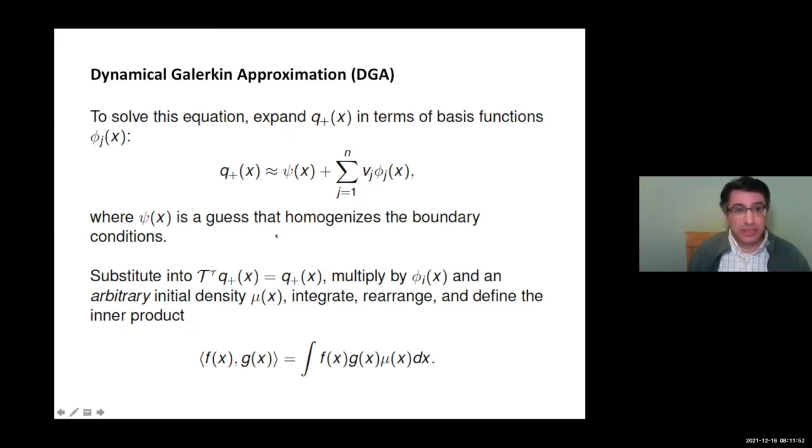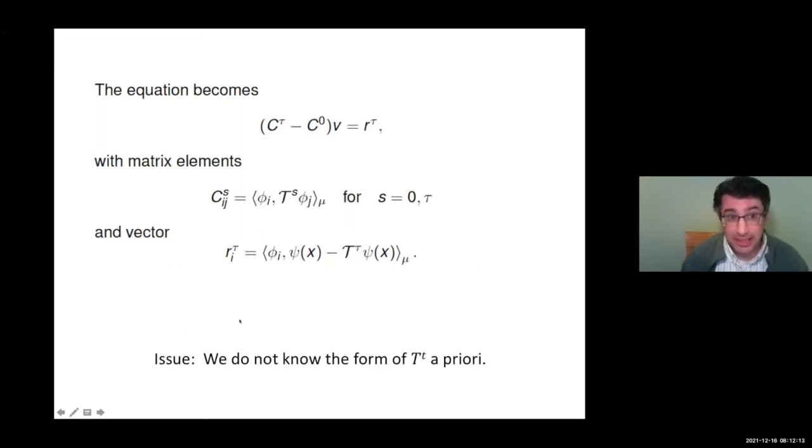Then we proceed very similarly to setting up the secular equation in a quantum mechanical problem. We take this basis expansion, substitute it into the operator equation, multiply by another basis function, and integrate to form inner products. If we do that, we convert this operator equation into a linear algebra problem, just like quantum mechanics again. But here everything, of course, is classical stochastic.